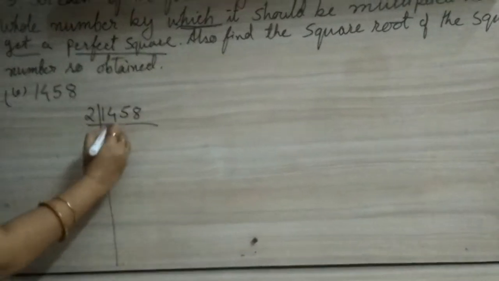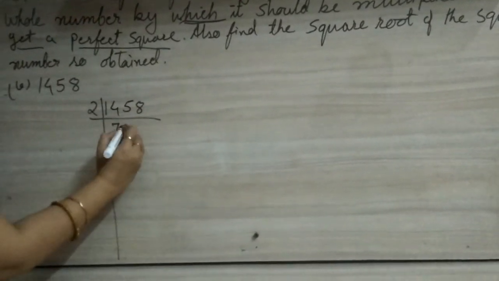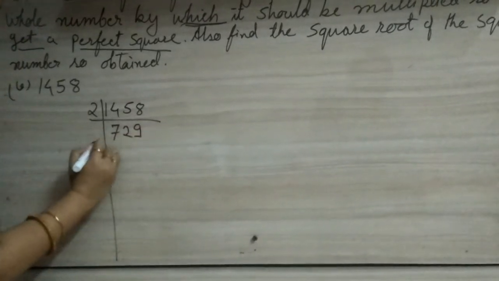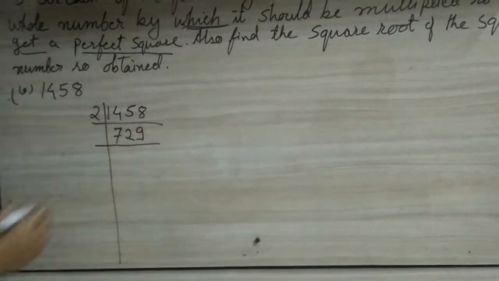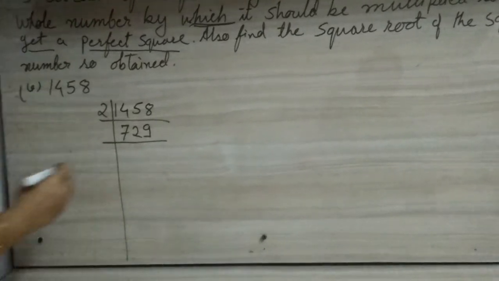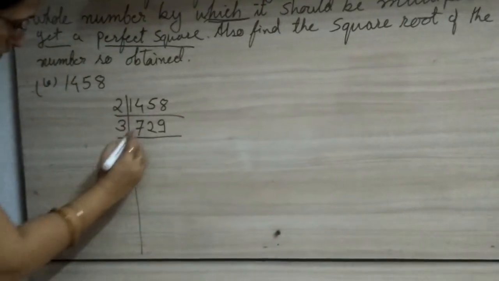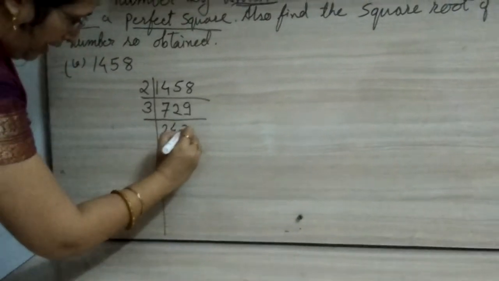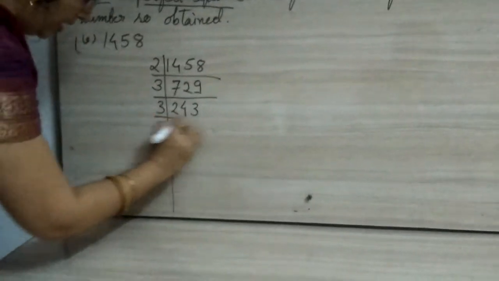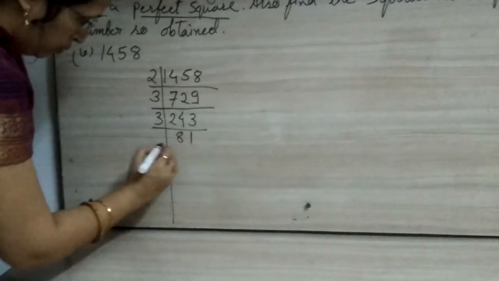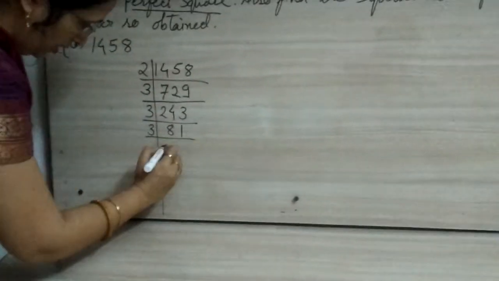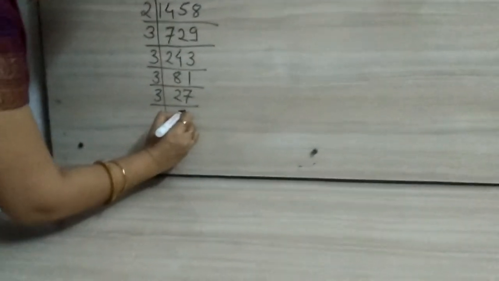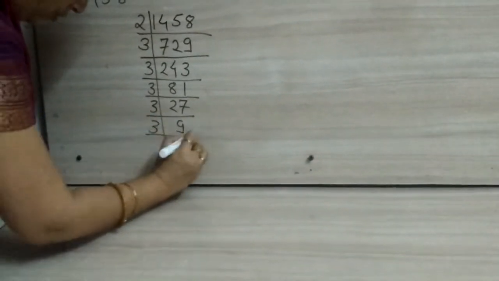So it will be 7s are 2, 9s are, then this will go by 3. So it will be 3 and 3 2s are 4 and 3, it will again go by 3. 81, it will again go by 3. 27, again it will go by 3. Again it will go by 3.